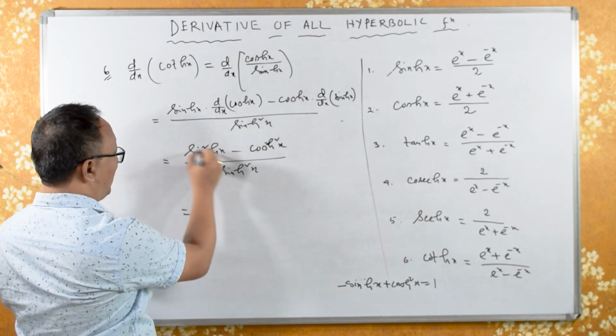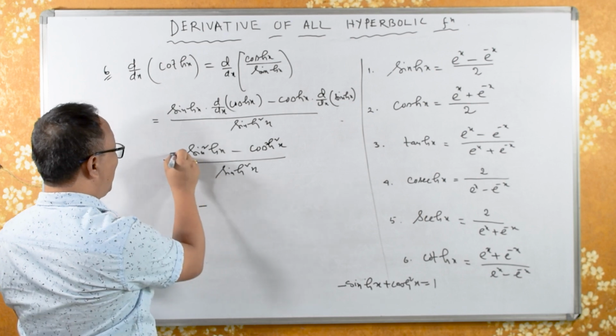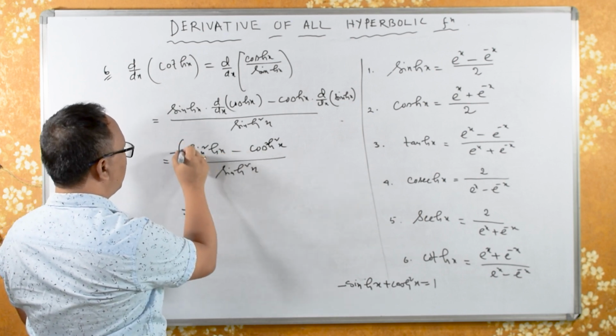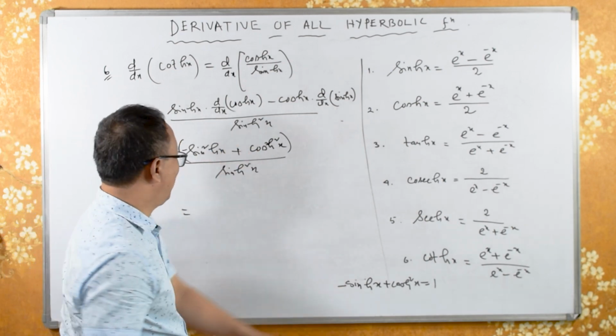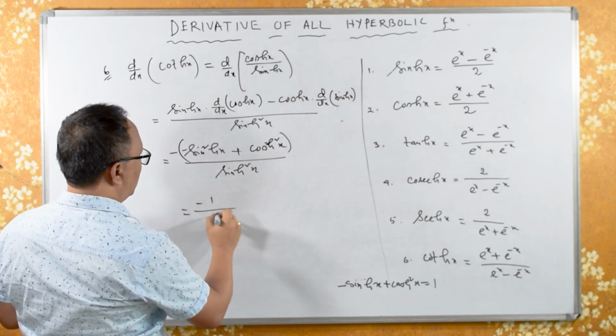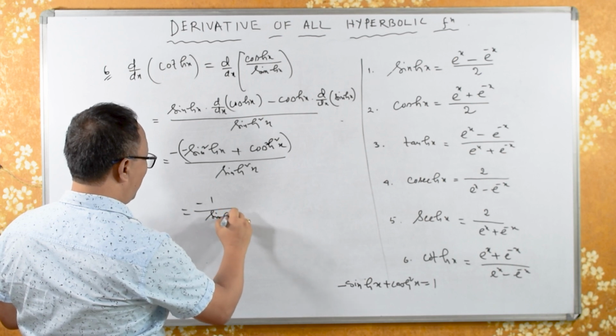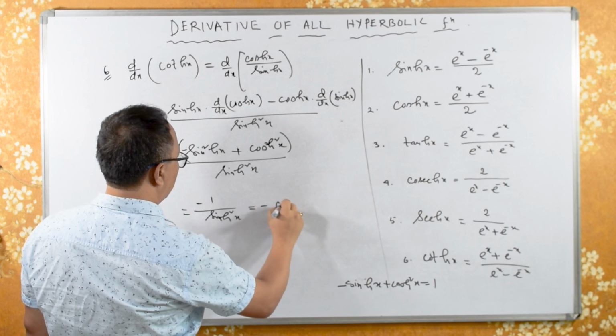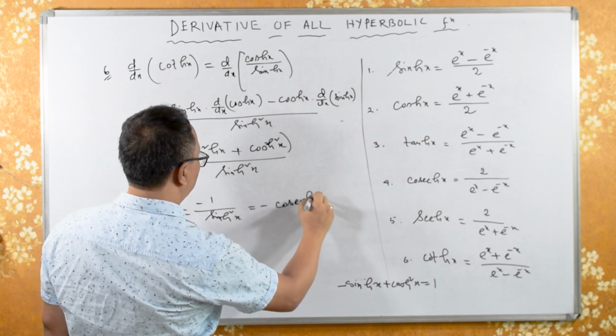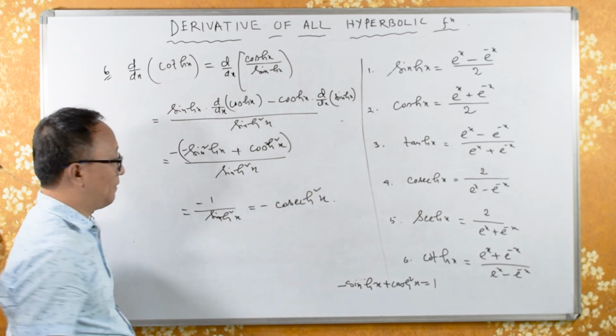So I am sending the minus inside: this becomes minus, this becomes plus, therefore this becomes 1. It's minus 1 upon sine hyperbolic square x. 1 by sine is cosec, so minus cosec hyperbolic square x.